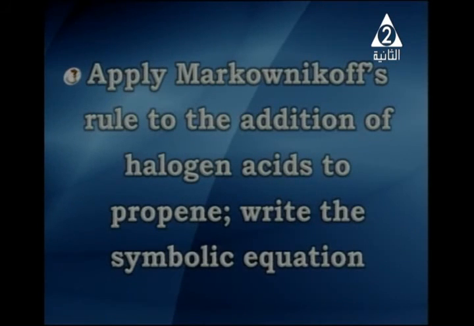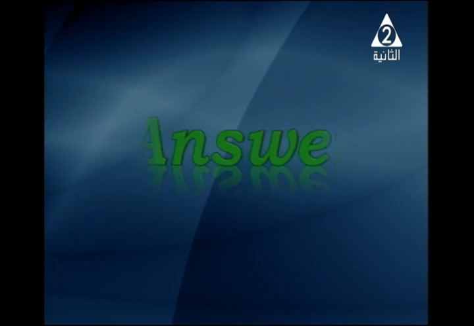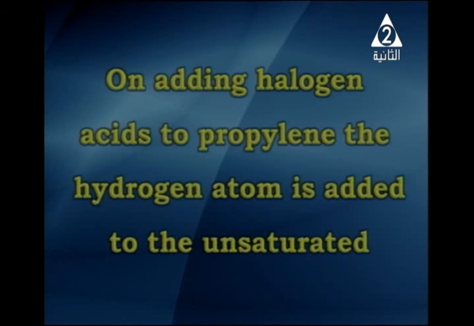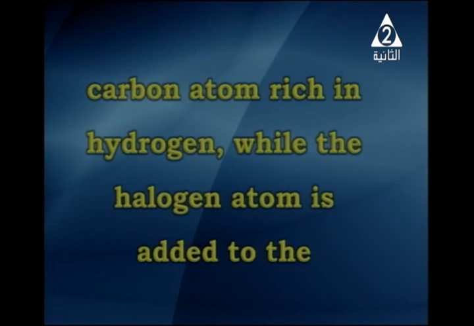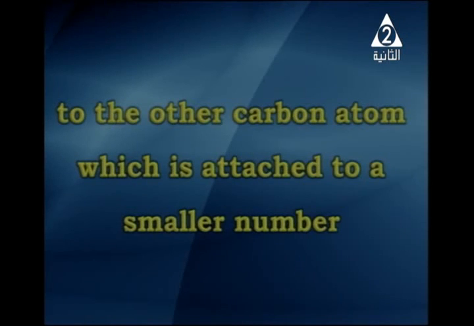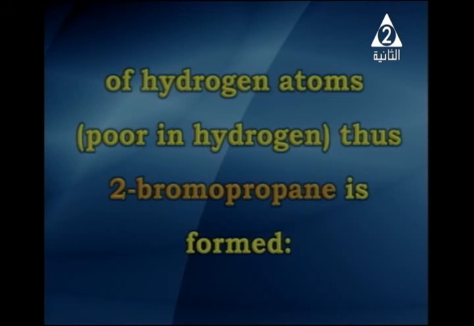Next one, apply Markovnikov rule to the addition of halogen acid to propene. Write the symbolic equation. The solution: on adding the halogen acid to propylene, the hydrogen atom is added to the unsaturated carbon atom which is rich in hydrogen, while the halogen atom is added to the other carbon atom which is attached to a smaller number of hydrogen atoms, which is poor in hydrogen.